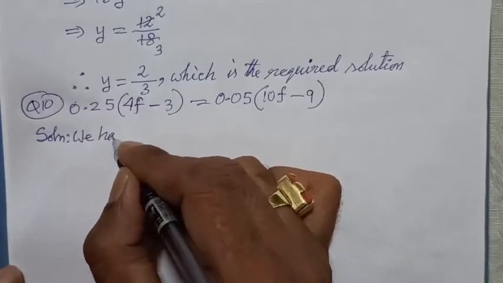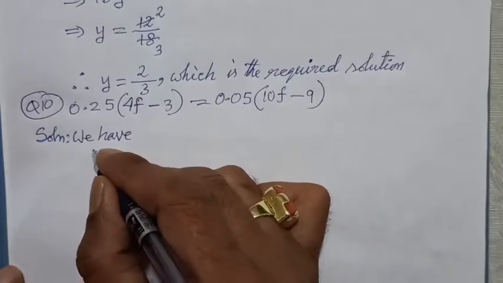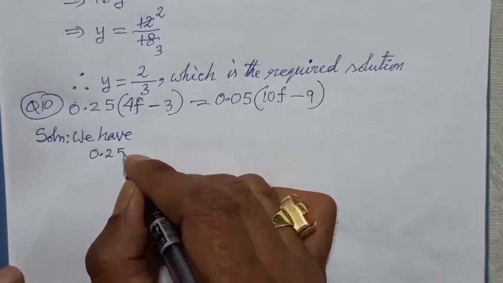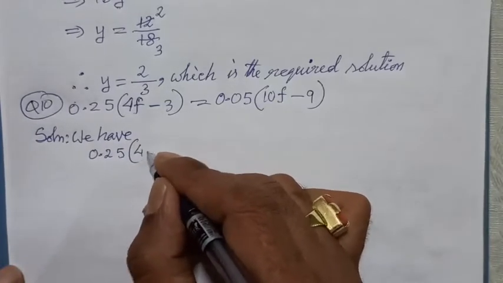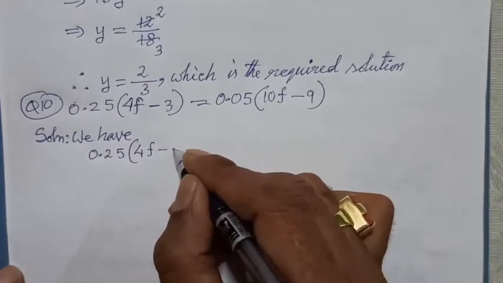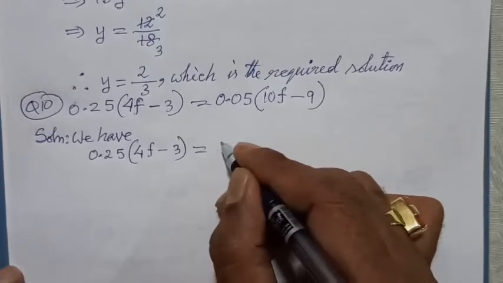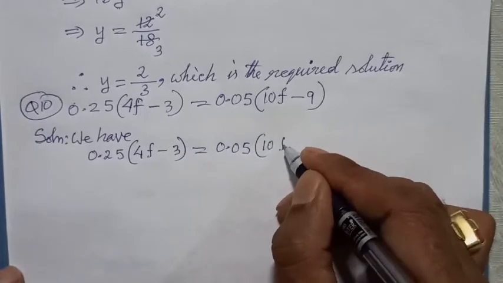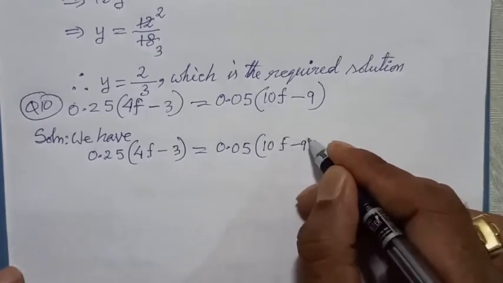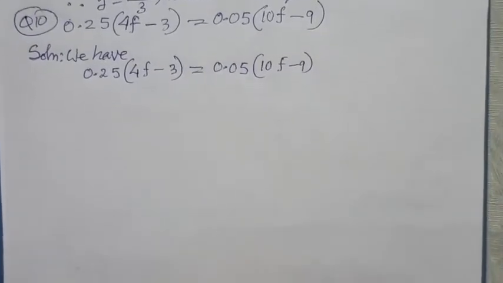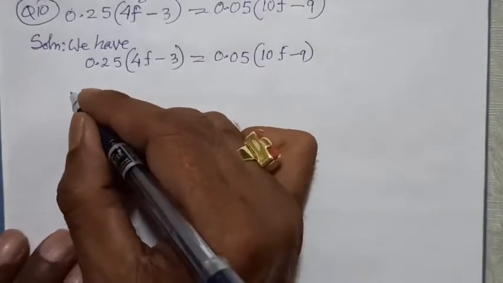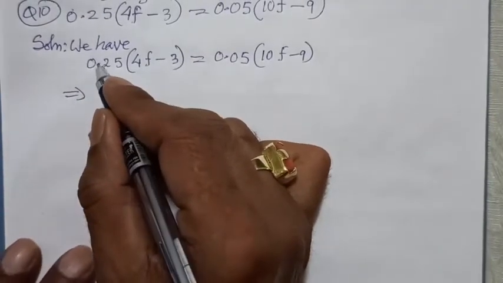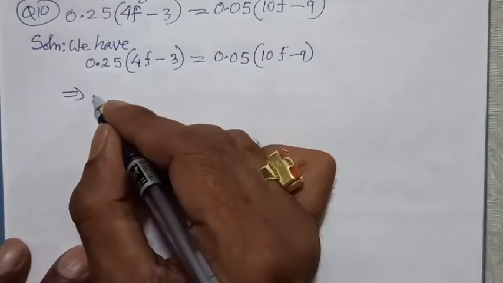We have 0.25 bracket 4f minus 3 is equal to 0.05 then bracket f minus 9. Now next steps. Here is decimal point, so let's leave this decimal point.